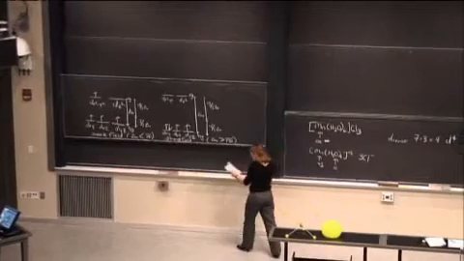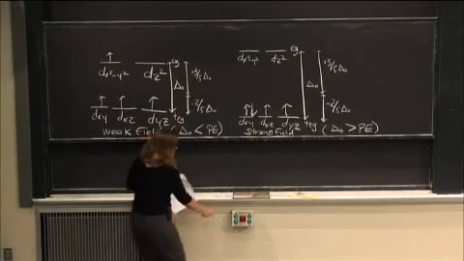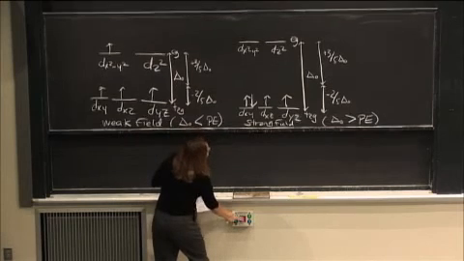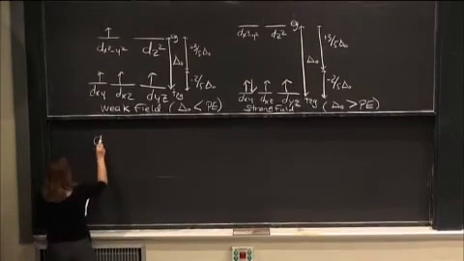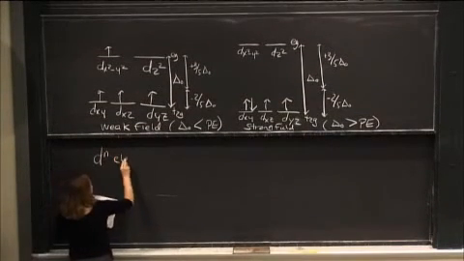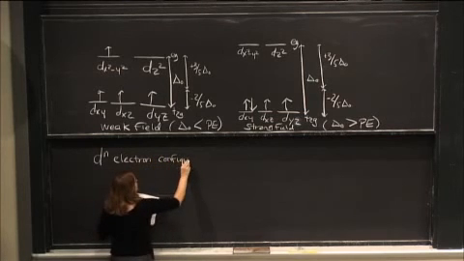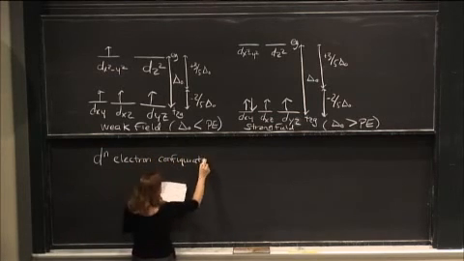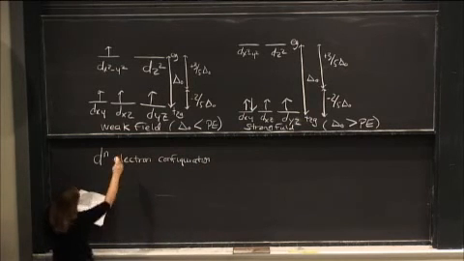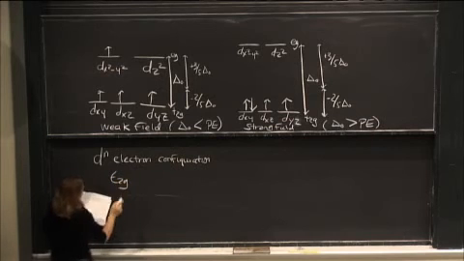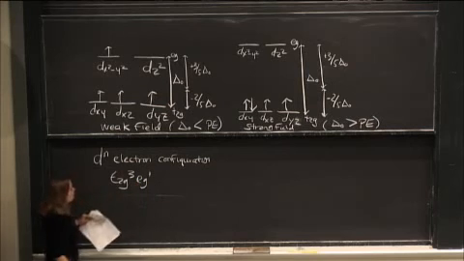So now we can write the different dn electron configurations for these two. So let me just stick that there. So in this case, if we have our dn electron configuration, we have 3 in the T2G, and in the EG set, we have 1.